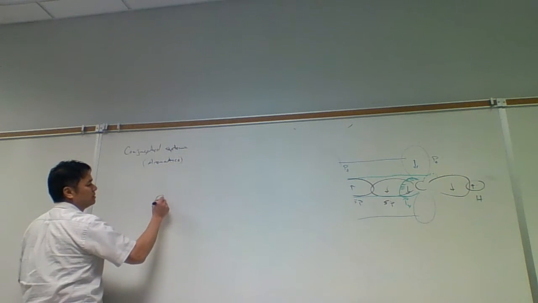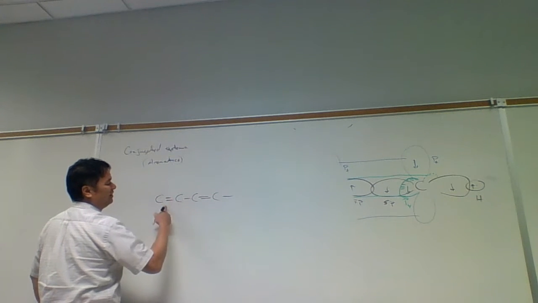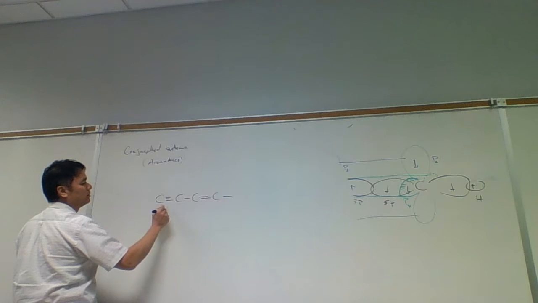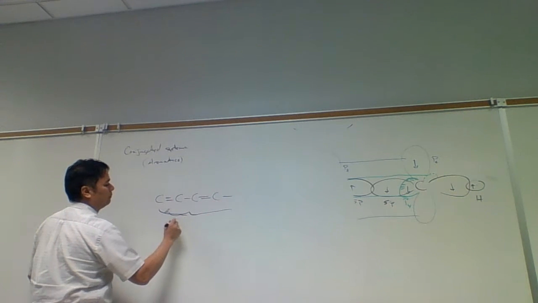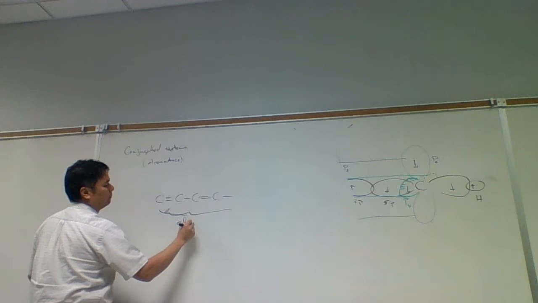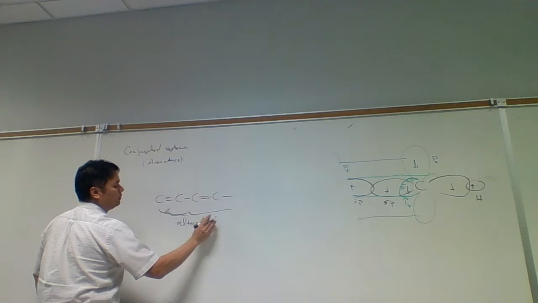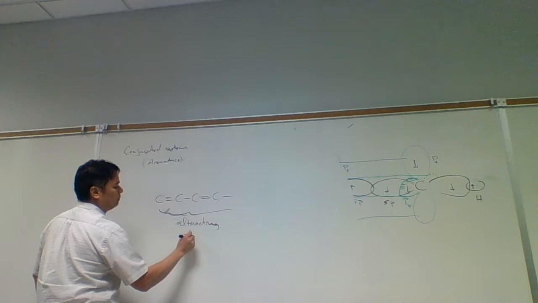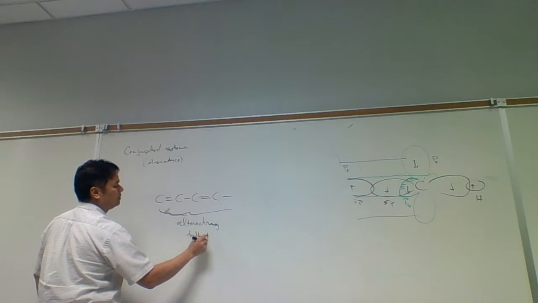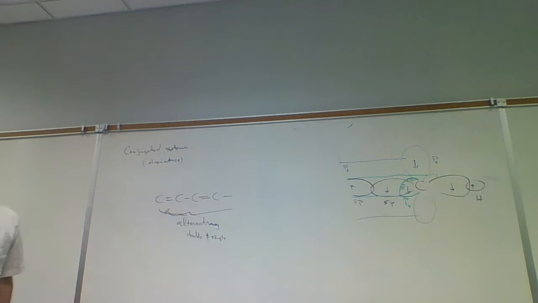When we have a conjugated system, we have alternating double and single bonds. And something special happens with a conjugated system.